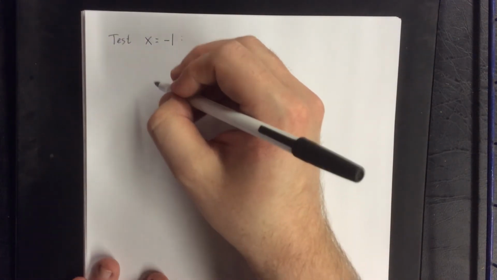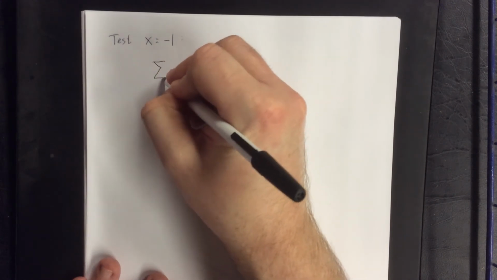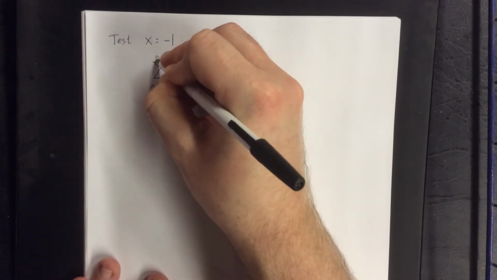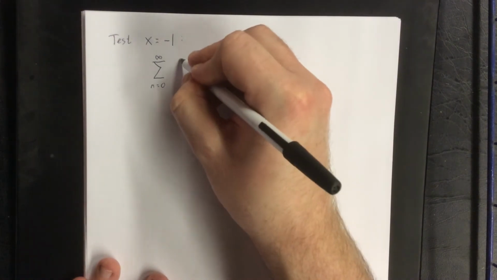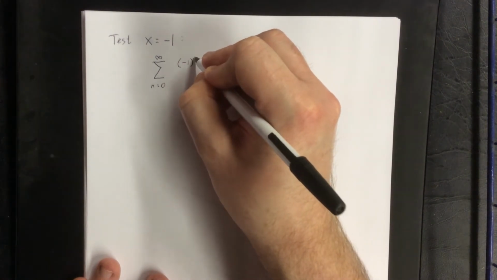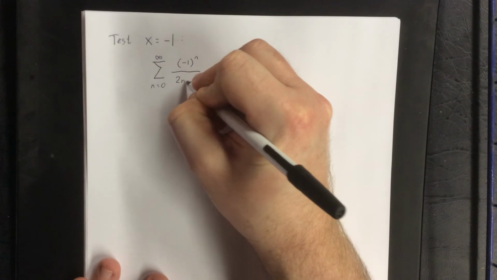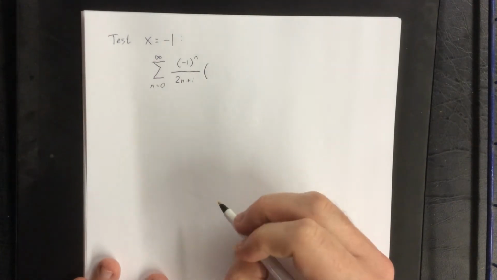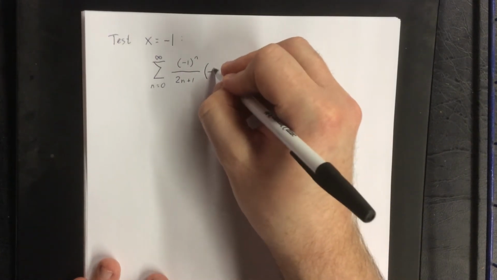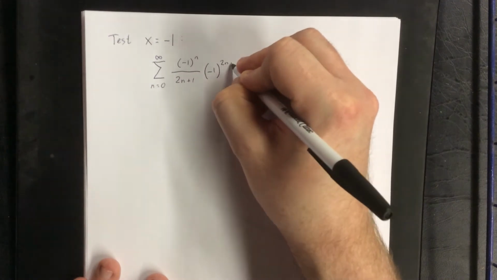We are going to get the sum from n equals 0 to infinity of negative 1 raised to the n power over 2n plus 1 times negative 1 raised to the 2n plus 1 power.